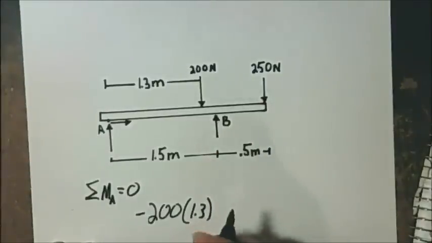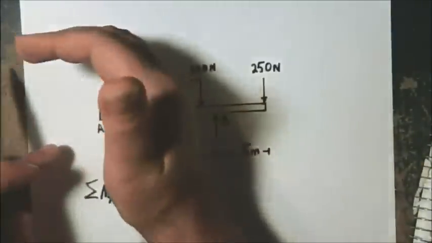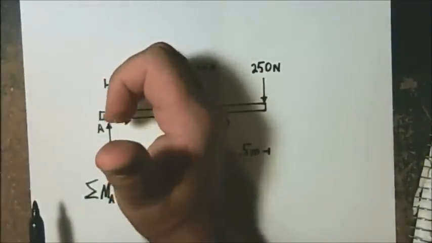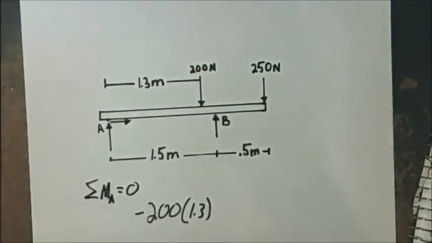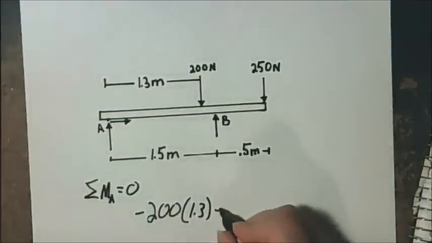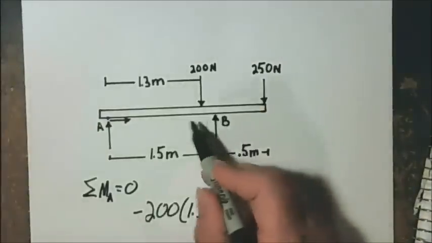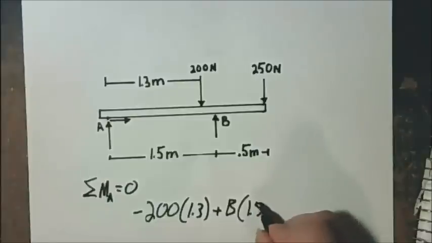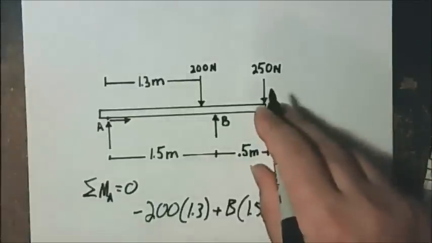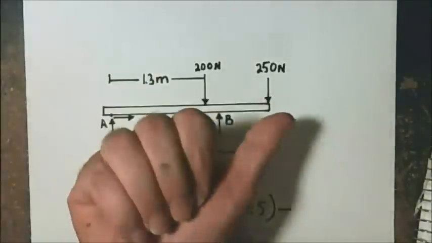And then we have the force at B. The reaction force pointing up this way would create a rotation in this direction, so we wrap our fingers this way. Thumb points up out of the page. That's the positive Z direction. So positive B times a perpendicular distance of 1.5 meters minus this 250 Newton force, which is again going this way.